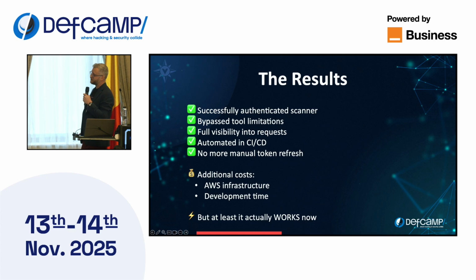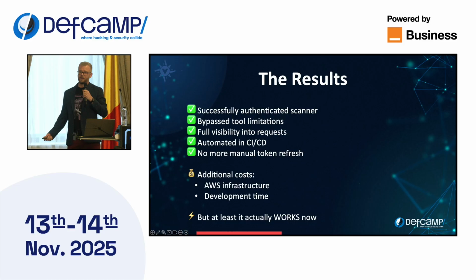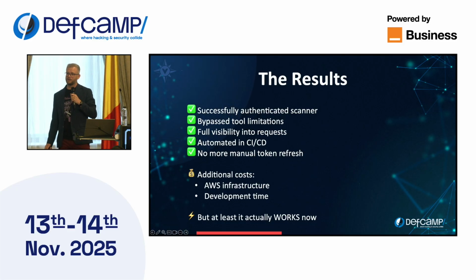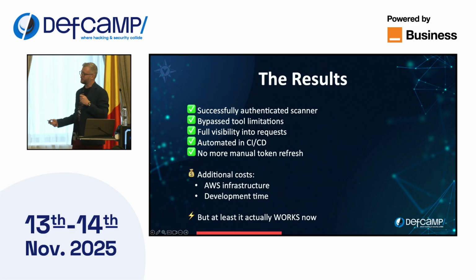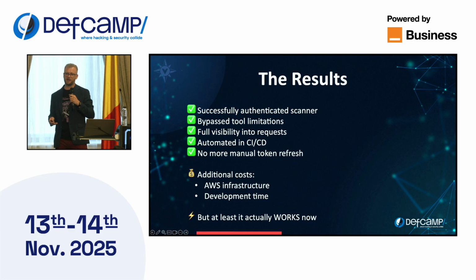Now, there are some downsides as well. There are additional costs, the AWS infrastructure, and the development time, right? So it doesn't come cheap from that perspective. Once you have set it up and made sure that everything works as expected, you will still have costs, but at least you can cut the database part. You don't need insights on a continuous basis.